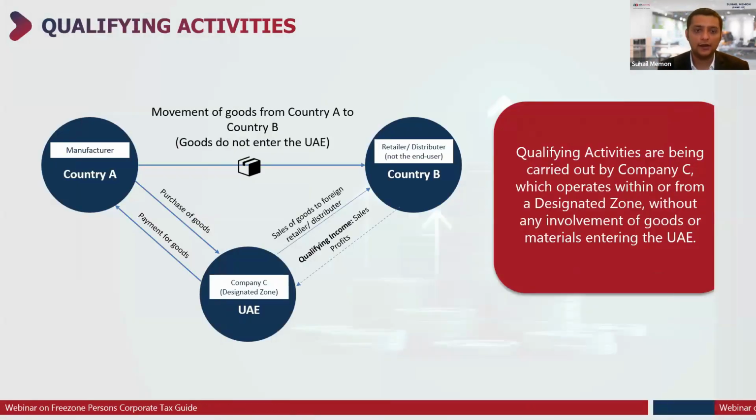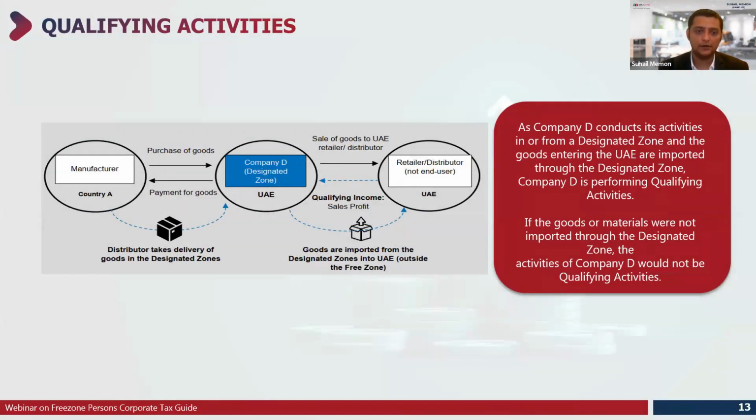Now coming back to another example. Next slide, Rahul, yeah, please. Thank you. Now coming back to another example. My company is company D in a designated zone. Manufacturer is in country A. I purchased the goods and brought the goods into UAE. Now I'm selling it to a business in UAE, but that buyer is not an end user.